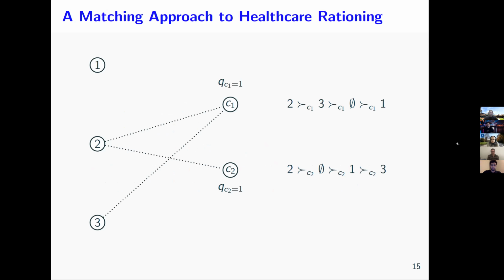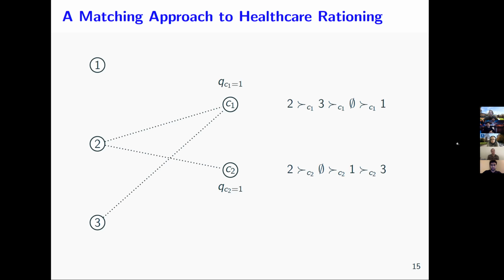This is an example where you have 3 agents on the left side. These are the patients who want to use one of the units. And let's say in this case, you have 2 categories, C1 and C2, and each of these 2 categories has exactly 1 unit of healthcare resource. Both of these categories also have their own priority list.